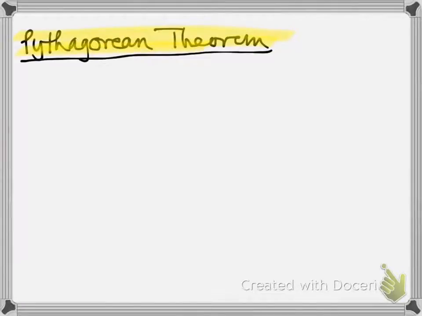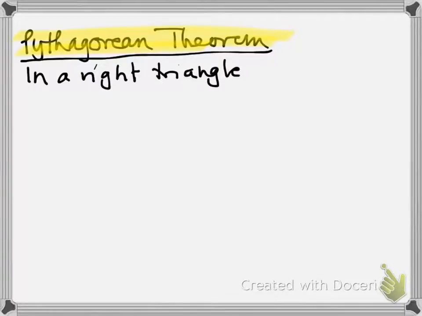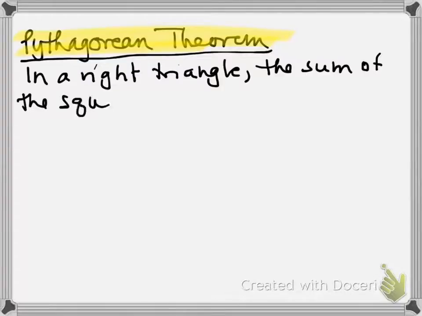So the Pythagorean theorem says, and again, the key first words, it only works for right triangles. So in a right triangle, the sum of the squares of the legs, I should say lengths of the legs.